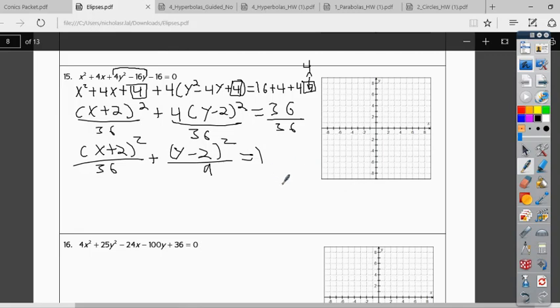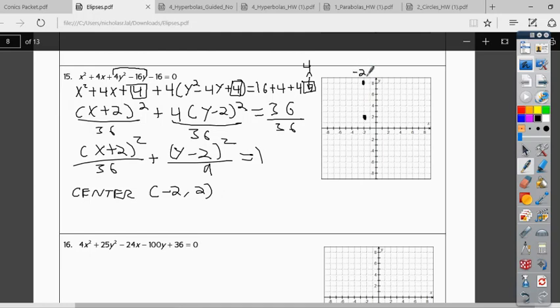Now we have our ellipse in standard equation. We have our center. The center is at (-2, 2). Major axis a is equal to 6. 1, 2, 3, 4, 5, 6.